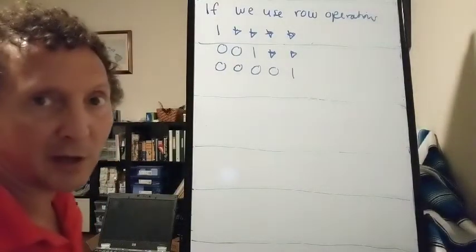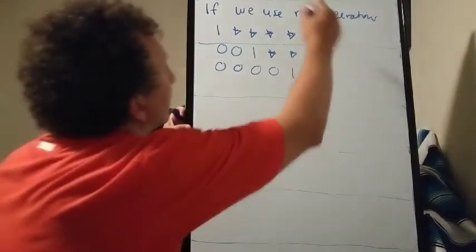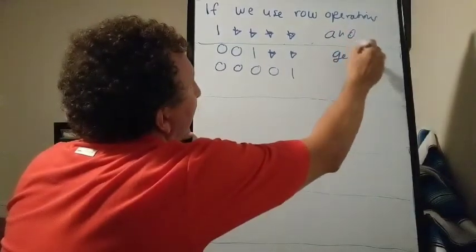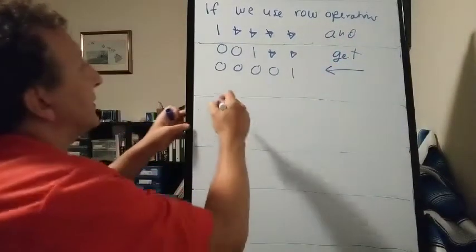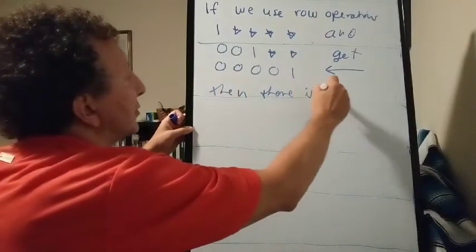We can see that by looking at the last equation. So if we use row operations and get this, then there is no solution.